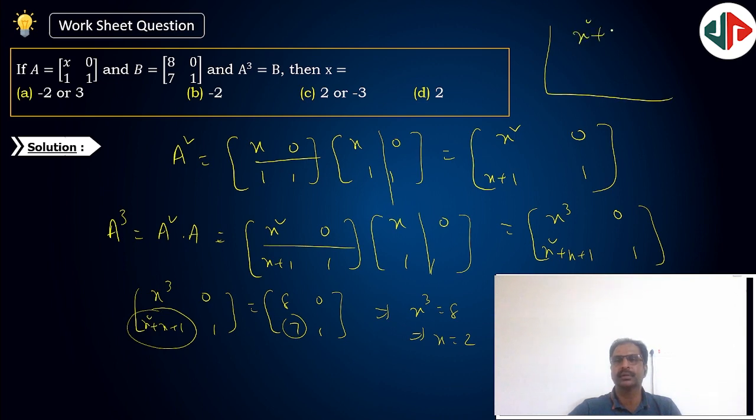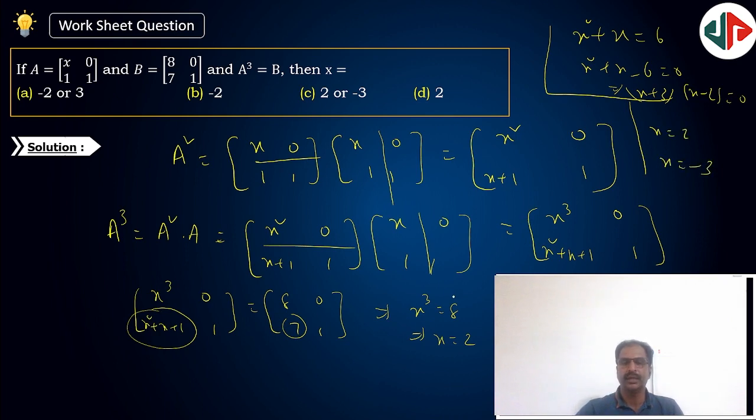X square plus x is equal to 6, or x square plus x minus 6 is equal to 0. Factorizing, you get x plus 3, x minus 2 is equal to 0, so x is equal to 2. But if x is minus 3, x cube cannot be 8, so minus 3 is not correct.